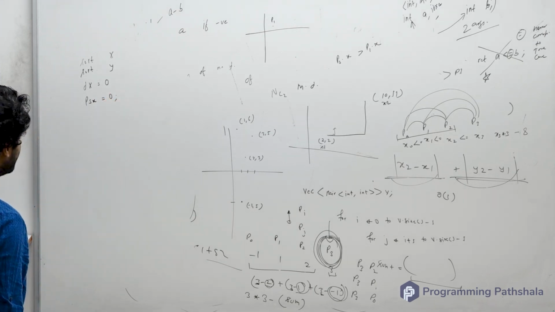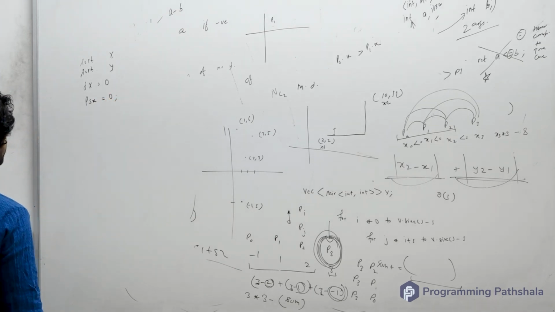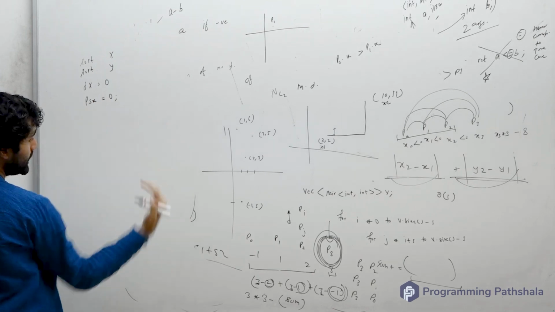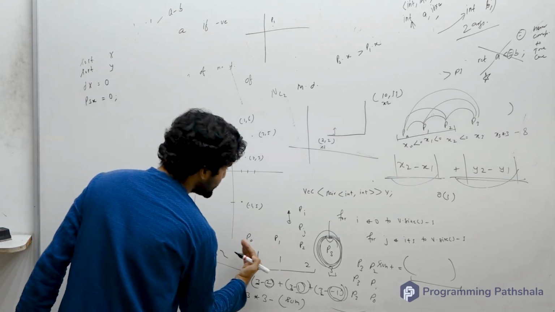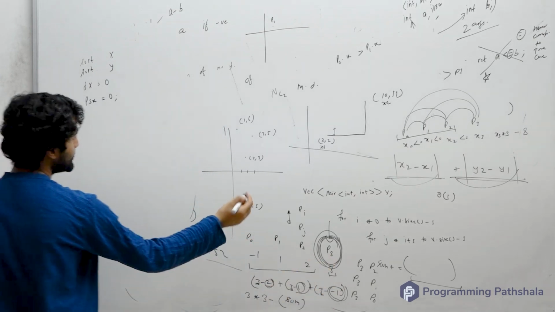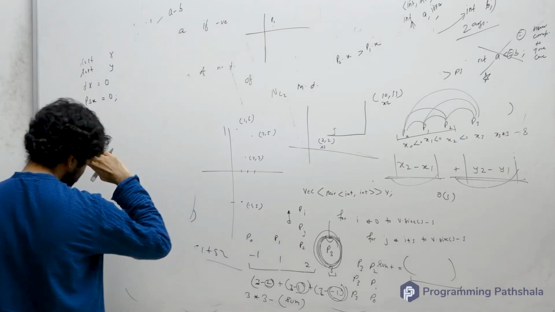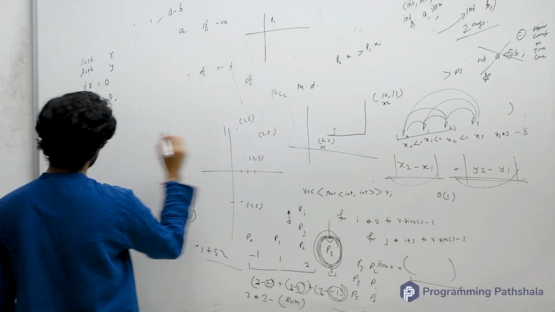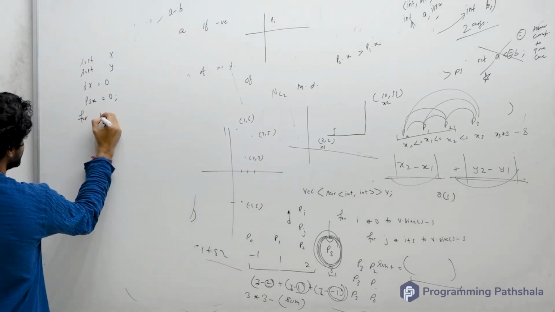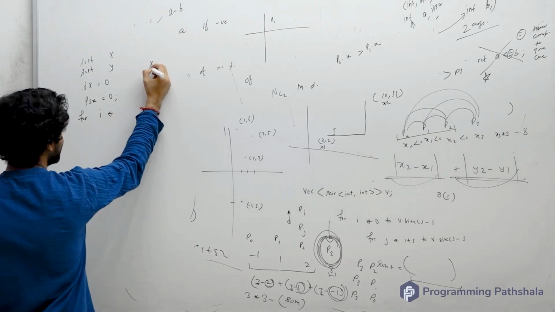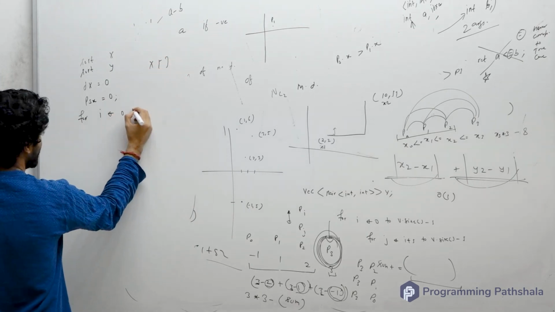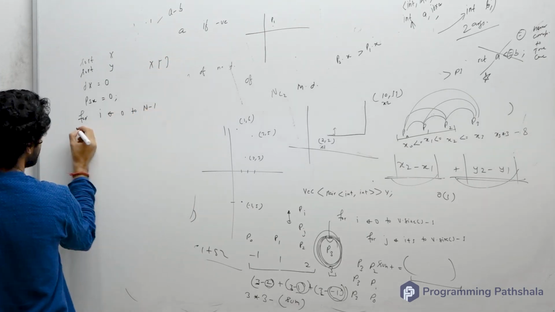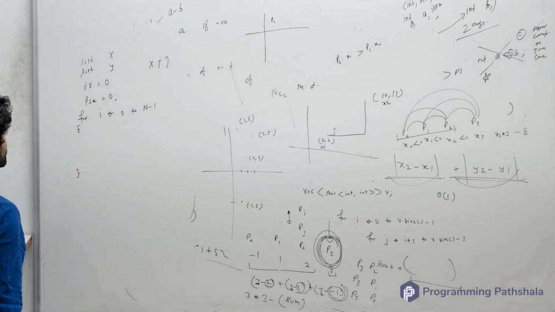Then you are trying to compute all the distances of x coordinates. So for that, let's say you are iterating on your x array, from 0 to n minus 1.